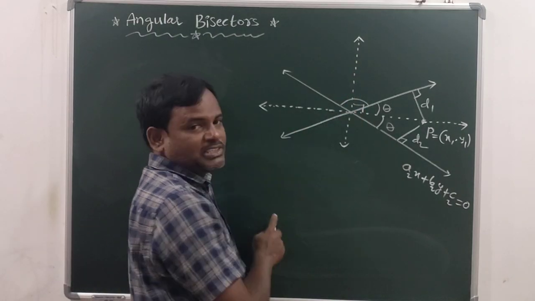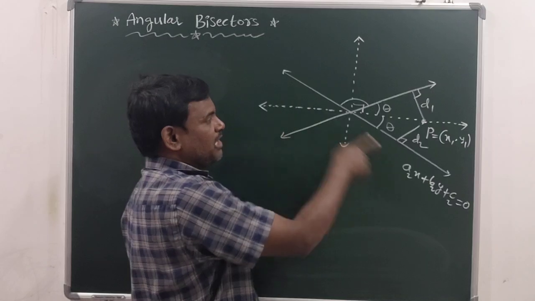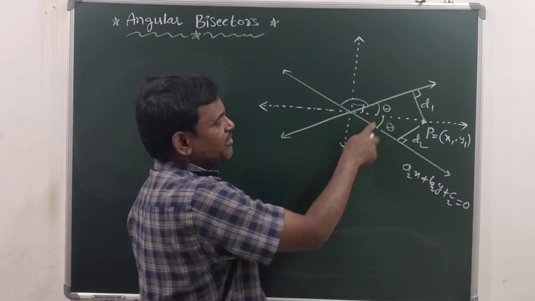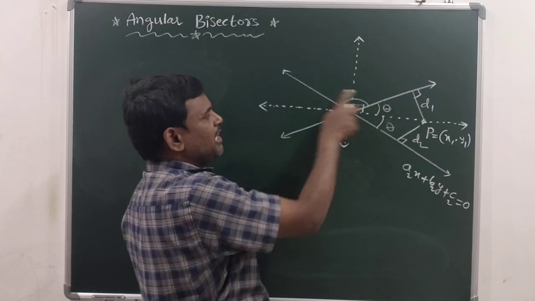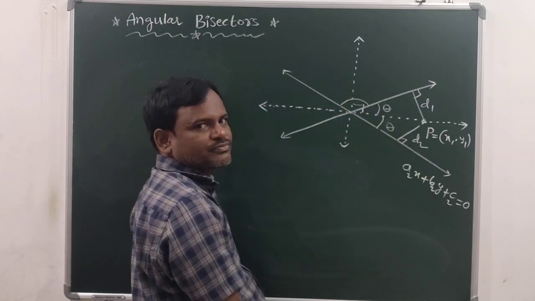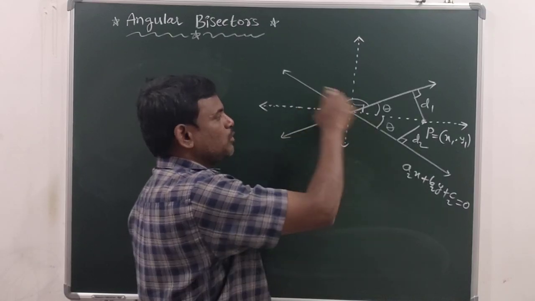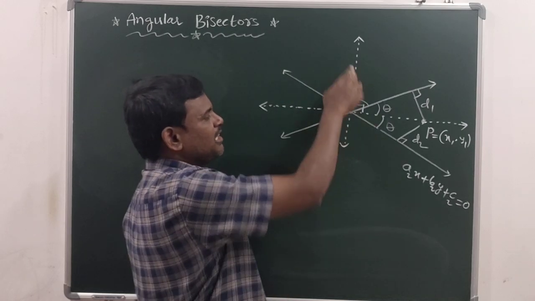These two angular bisectors are at 90 degrees to each other and are equally inclined with the two given lines. So this angle is equal to this, hence it is equally inclined with these two, and this angle is equal to this. Vice versa. Angular bisectors are equally inclined with the two given lines, and the two given lines are equally inclined with the angular bisectors.